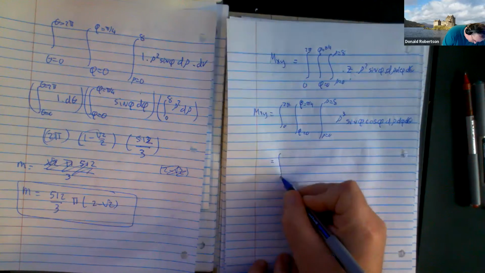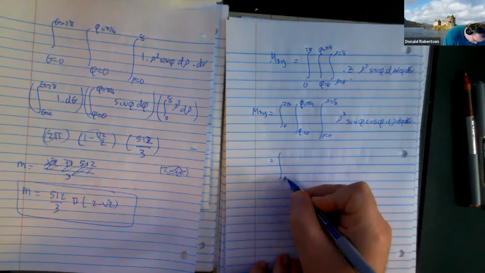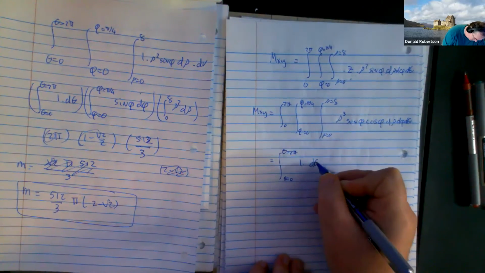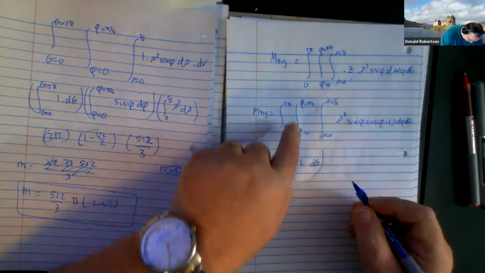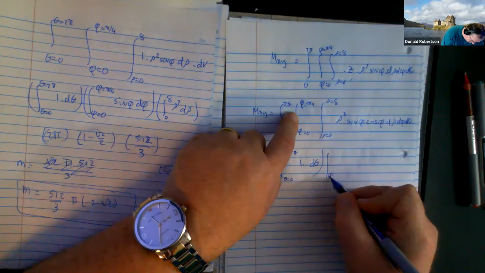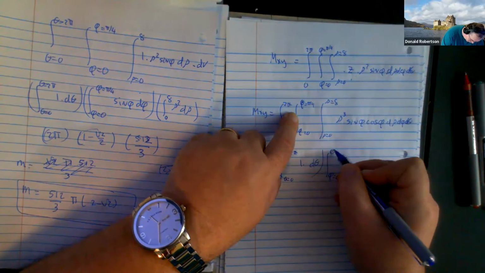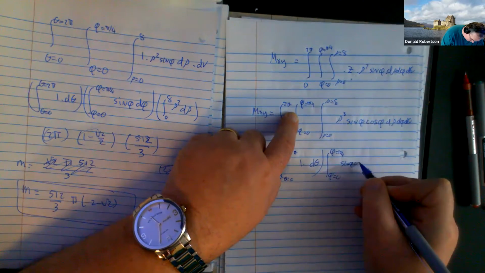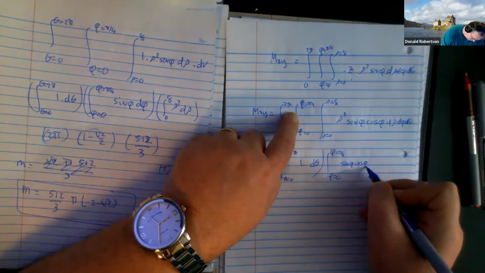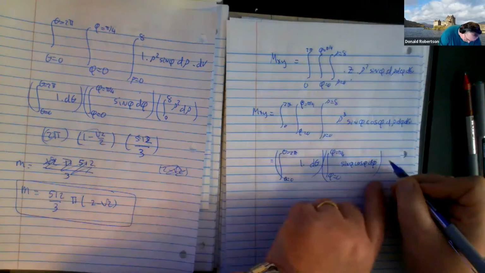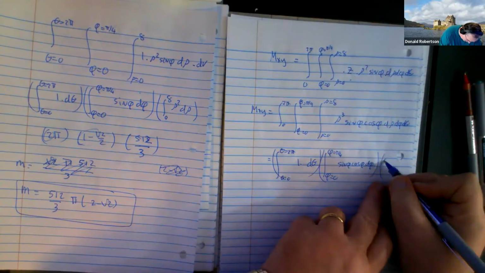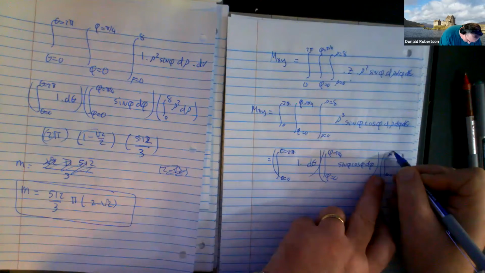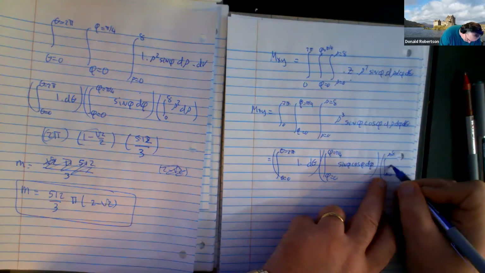So I'm going to have theta equals 0 to 2 pi of 1. I'm going to go phi equals 0 to pi upon 4 of sine cosine. And then rho equals 0 to 8 of rho cubed d rho.